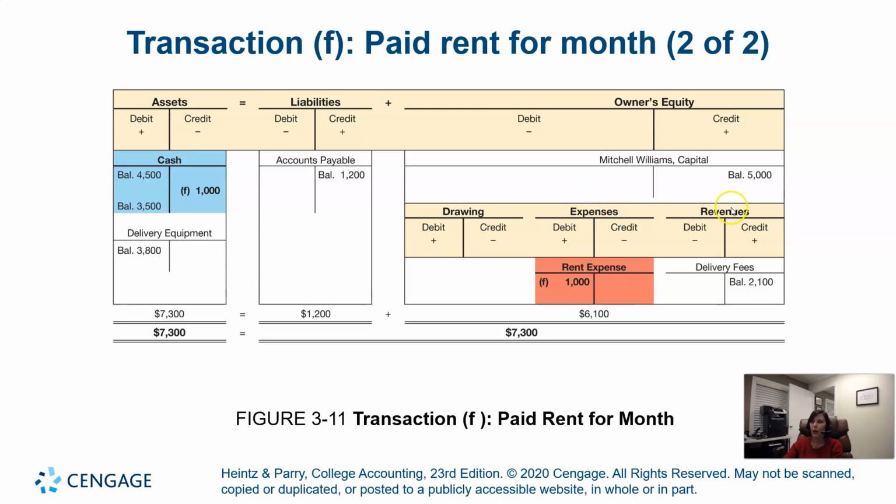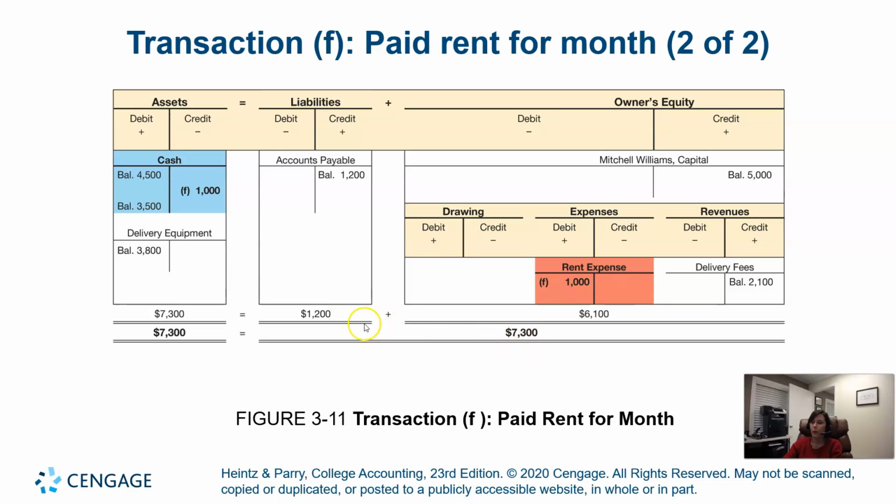So we've got our expenses under owner's equity. So now we've got rent expense, and that again changes the owner's equity picture. So we've still got our balance of 5,000 for capital, our revenue of 2,100, but now we've spent some of that revenue, making our owner's equity 6,100. We still owe money on that scooter.